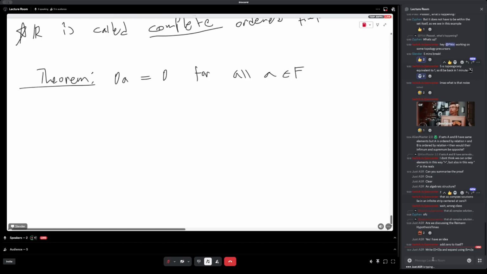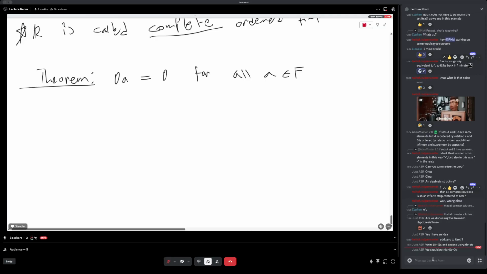Write 0 plus 0 times A, expand using B plus C times A. Okay, let's apply that idea here. So 0A is the same as writing (0 plus 0)A, but there is one issue here.